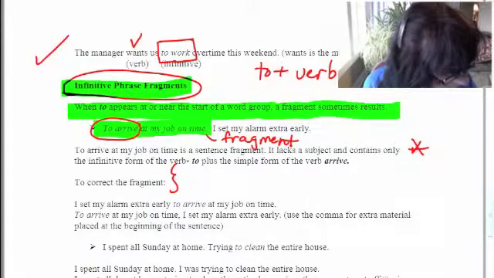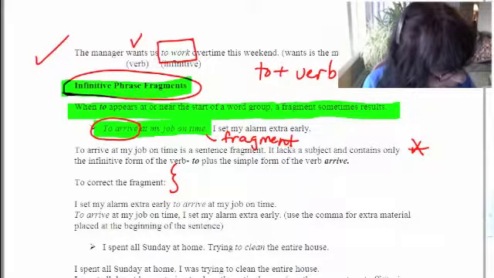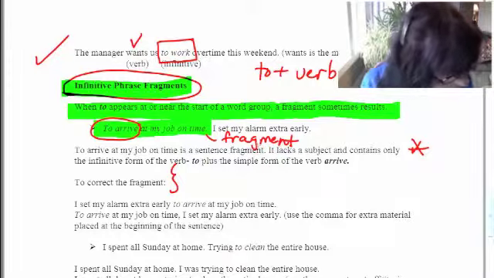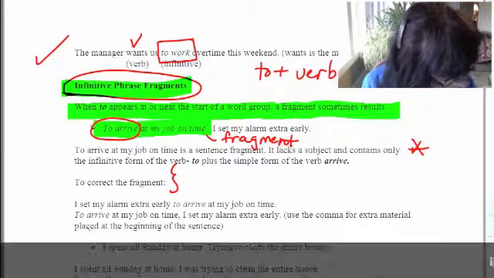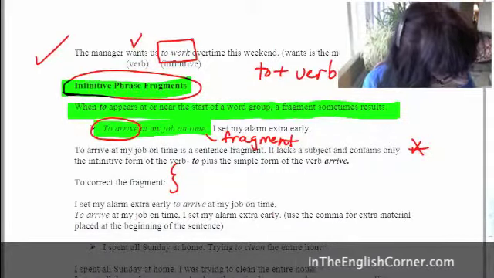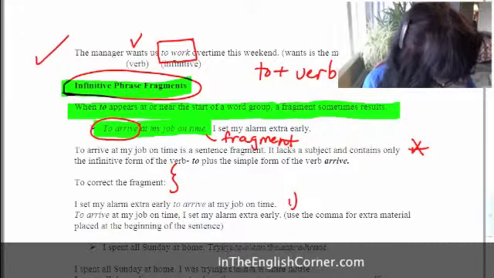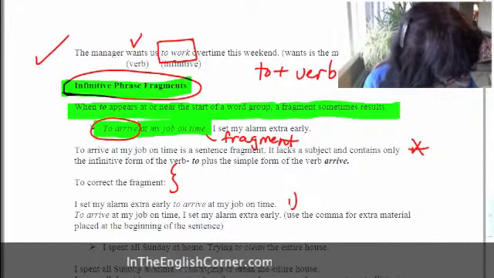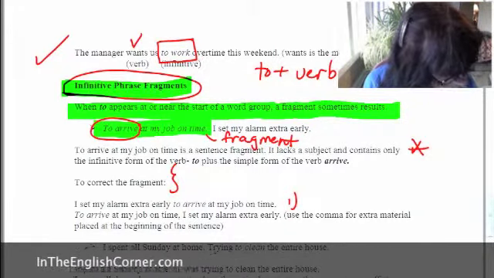You could say, I set my alarm extra early to arrive at my job on time. So I've sort of switched the sentence up a bit and I've said, I arrive, so I added a subject. You could say, I set my alarm extra early to arrive at my job on time is one way to correct it. So you're adding in more words.